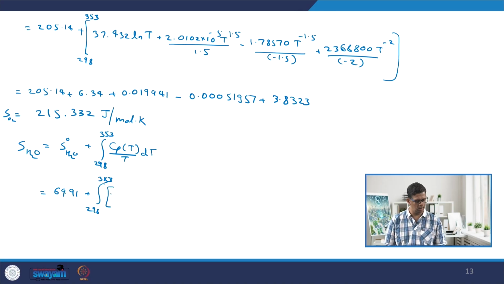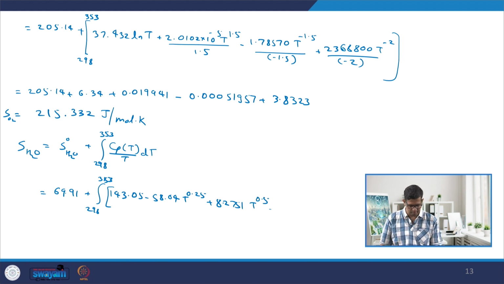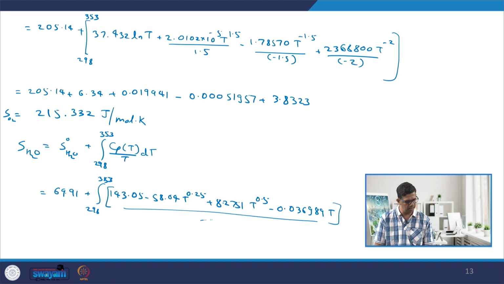Cp is basically 143.05 minus 58.04 times T to the power 0.25 plus 8.2751 times T to the power half minus 0.03689 times T, whole divided by T dT.